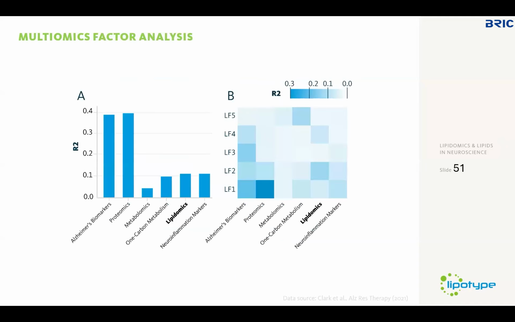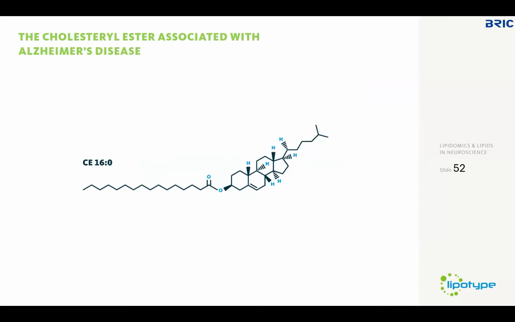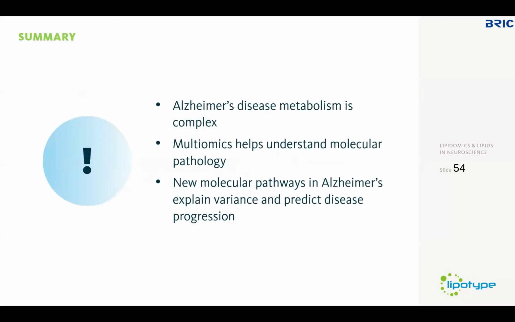We don't have much time, unfortunately, to go through the details, so I'll just briefly scroll through a couple of next slides. The multi-omics factor analysis allowed us to see that there is a particular molecule, CE 16:0, a cholesterol ester, that was associated with Alzheimer's disease and might be used as a potential biomarker for the disease, at least for some particular subset of these patients.